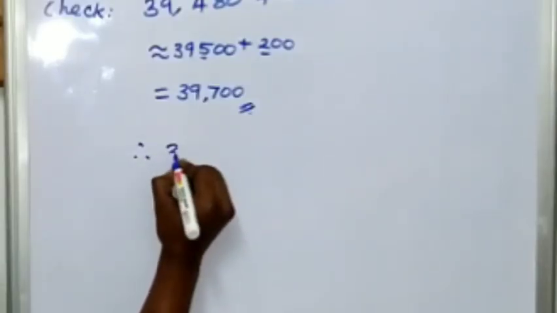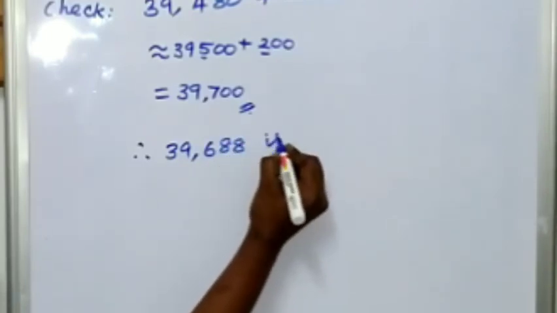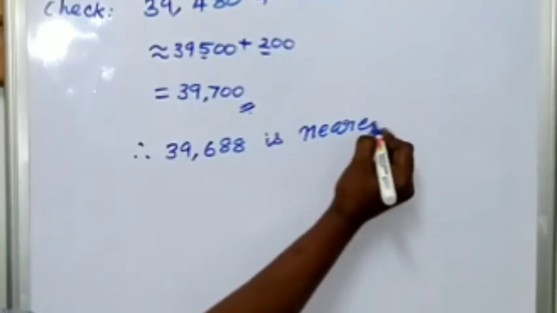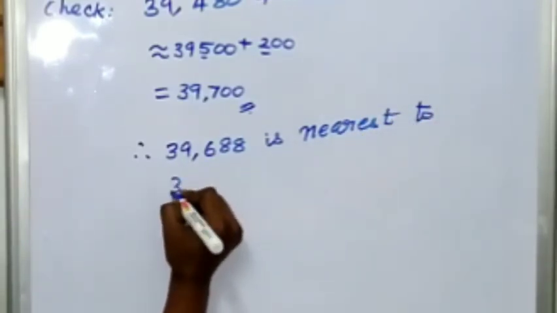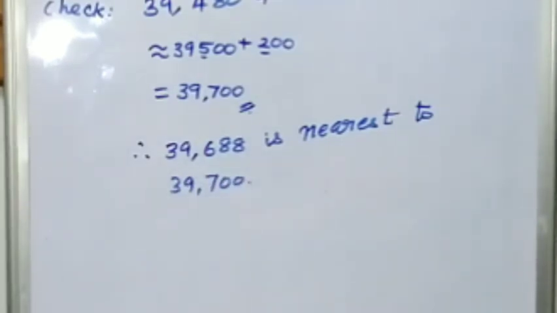Therefore, 39,688 is nearest to the number 39,700. If you round off the value 39,688, then you will get the answer as 39,700 only.